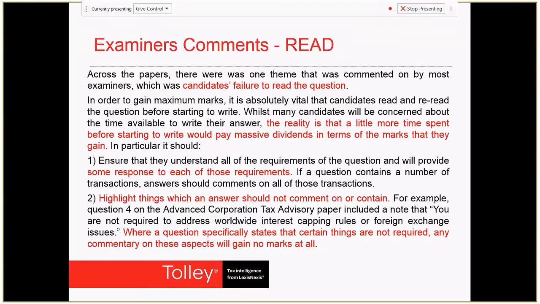And if you're doing a case study paper, you will be negatively marked if you do that, because that will lose you presentation marks. So where a question specifically states that certain things are not required, they're not required. Don't comment on them.